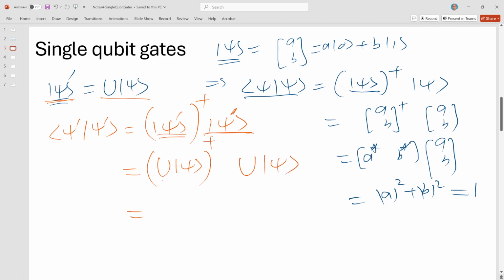Now when I take its dagger, because these are matrices, essentially this is a 2 by 1 matrix, the matrix rule tells us that when we take the transpose, the order changes.